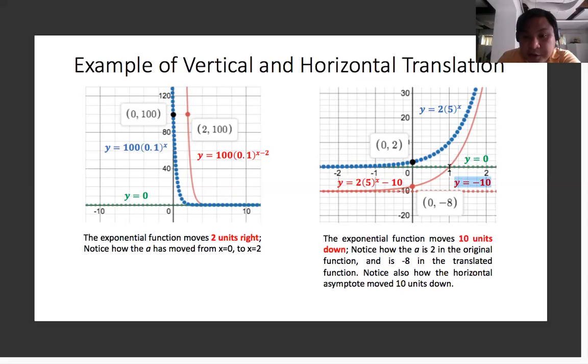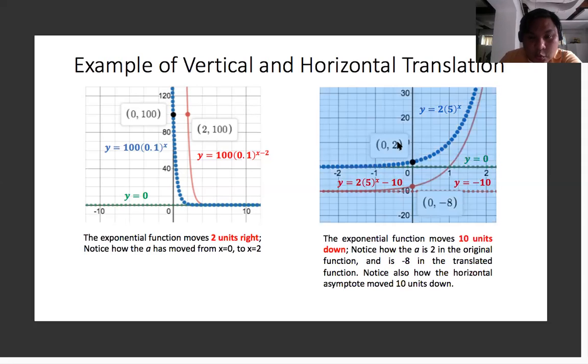Another indicator that we can look at would be the a value. In the original function, the a value is simply 2. Right, this is our y-intercept, which we conveniently locate here. However, because of the translation 10 units down, from 2 we actually have to move 10 units down. So we can either count 10 units down, or we just simply subtract 10.